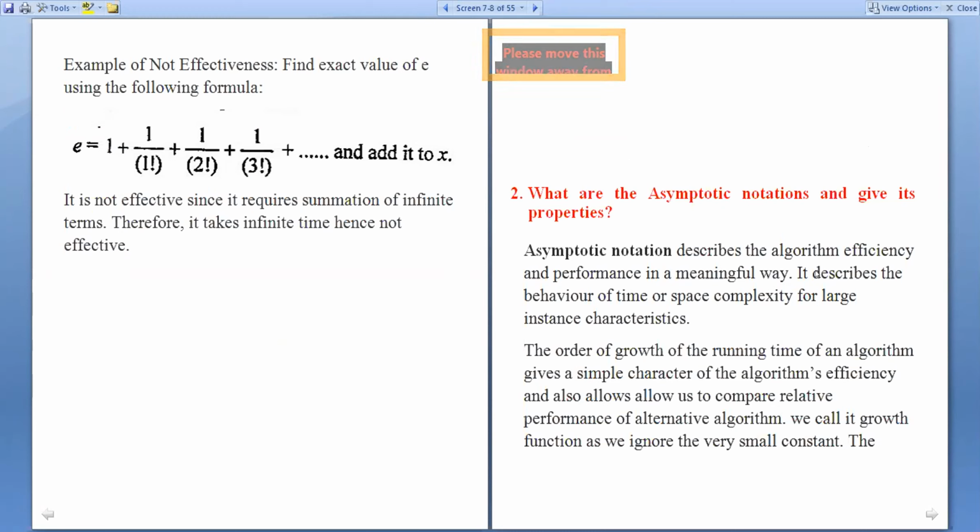It describes the behavior of time and space complexity for large instance characteristics, that is, the order of growth of the running time of an algorithm.